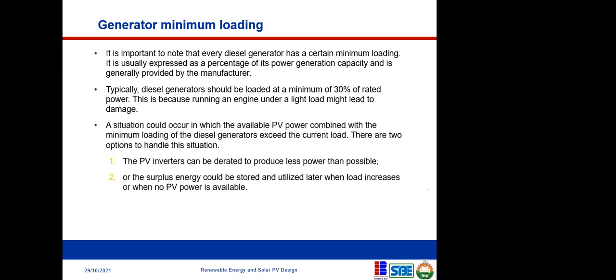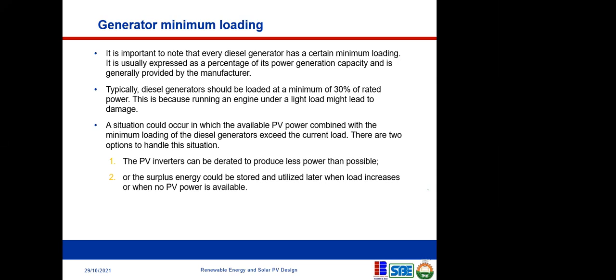Now, a situation could occur in which the available PV power combined with the minimum loading of the generator exceeds the current load. In this case, there are two options to handle this situation. Let me explain this situation a bit further. Now you have a load to power. For example, a load of 10 kilowatts, and you have a generator, maybe of 10 kilowatts as well, in case there is no sunlight for your solar system.